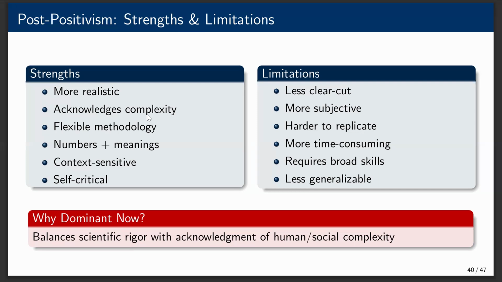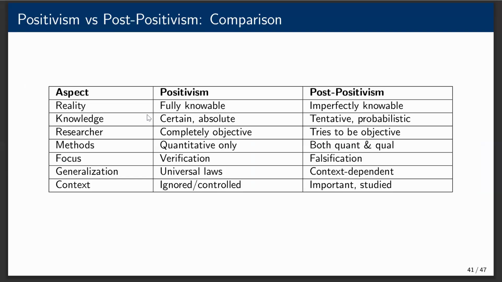Why is it dominant now? Because it balances scientific rigor with acknowledgement of human and social complexity. So this is the comparison of positivism versus post-positivism. This is very interesting. Based on reality, knowledge, researcher, methods, focus, generalization and context, you can differentiate both paradigms.